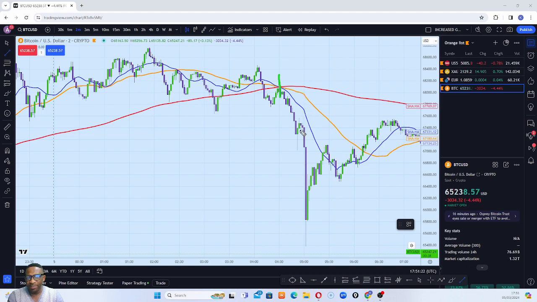So whenever we have the 20 crossing below the 50 moving average, we expect a pullback to the moving averages. Over here, it has already done this long move down, forming a wide state. If we look at the distance from here to the blue line, it's quite a gap, and the distance from the blue line to the red line is also quite a gap. So this is in the wide state.